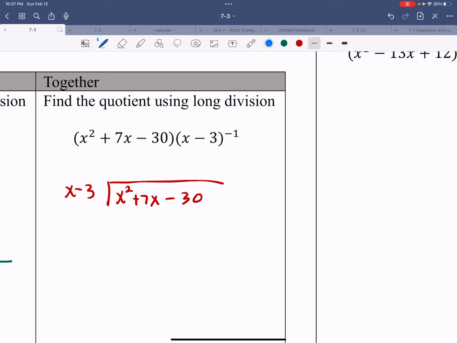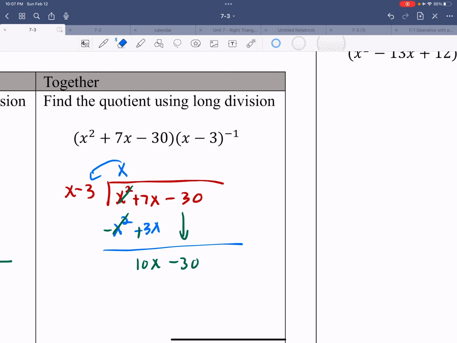Now let's match them up. x times x will give you x squared, and x times negative 3 will give you negative 3x. If you simplify this one, which means I'm going to flip the sign, x squared minus x squared will disappear. 7x plus 3x will become 10x. Let's bring down negative 30. Now, what should I multiply with x to get 10x?